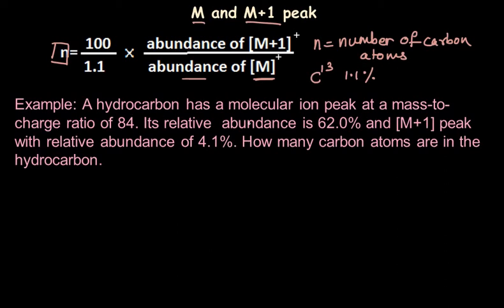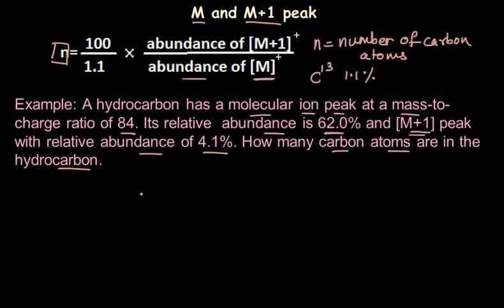The example says a hydrocarbon has a molecular ion peak at a mass to the charge ratio of 84 and its relative abundance is 62%. The M+1 peak ion has a relative abundance of 4.1%. How many carbon atoms are present in the hydrocarbon? Now here is the information given about the abundance of M+1 peak and M peak, and this information we can use to find out the number of carbon atoms.